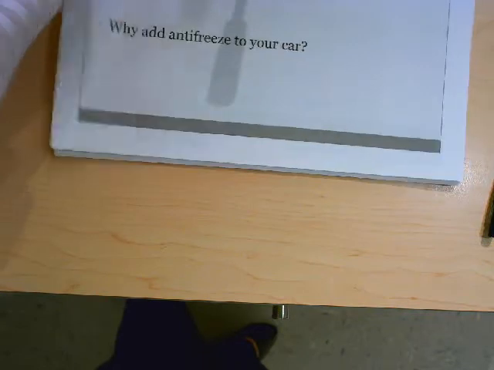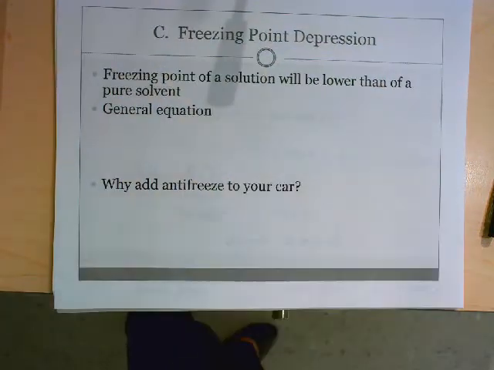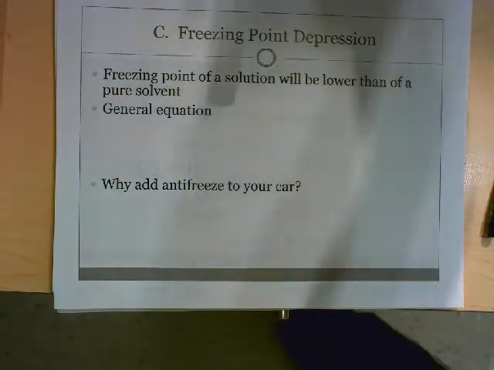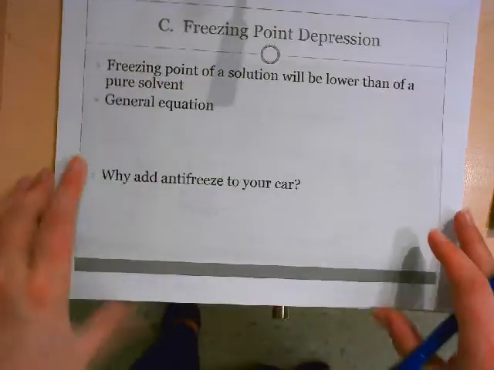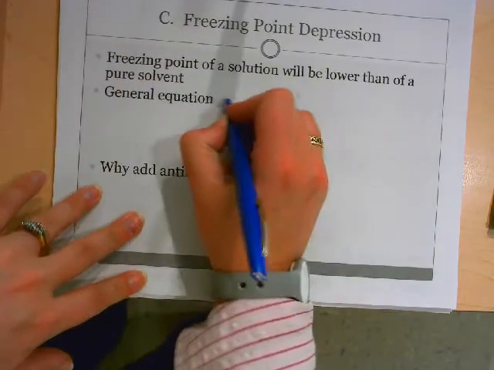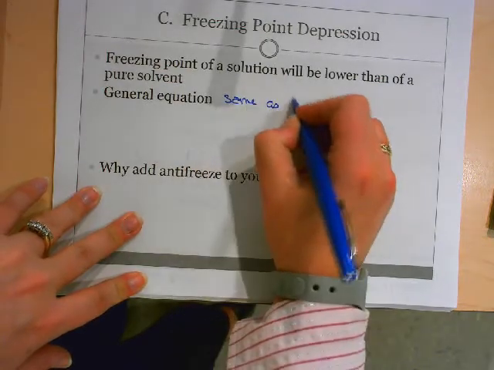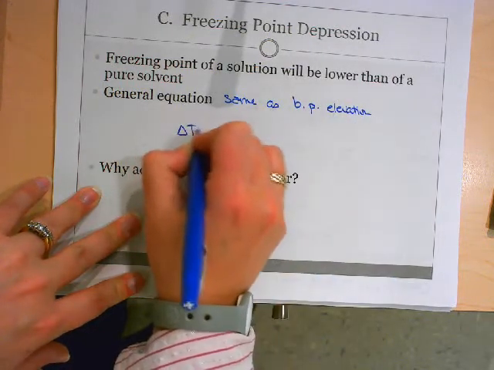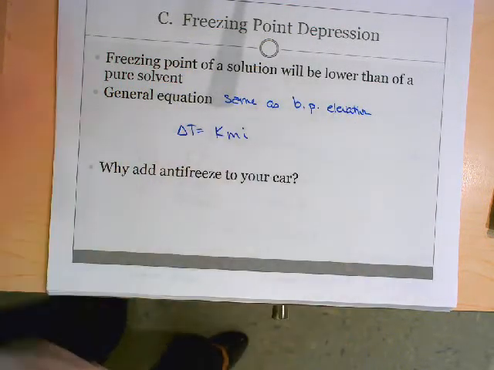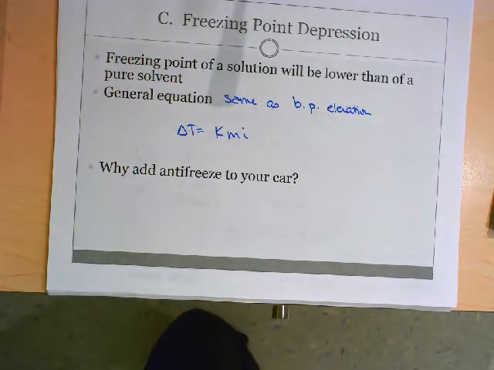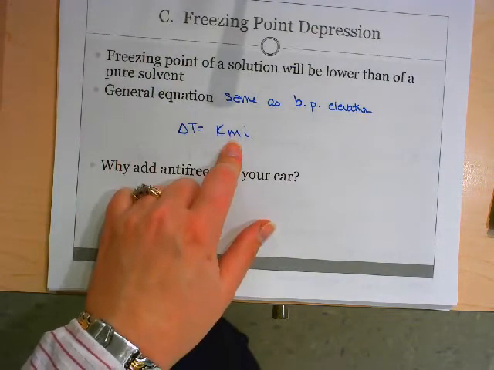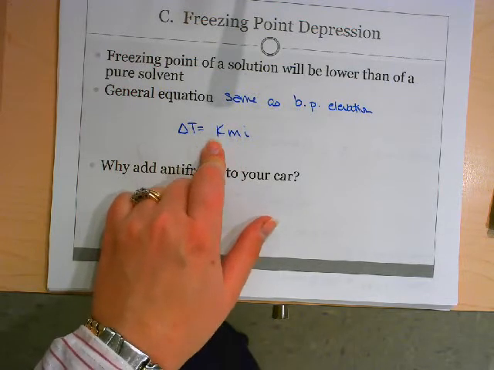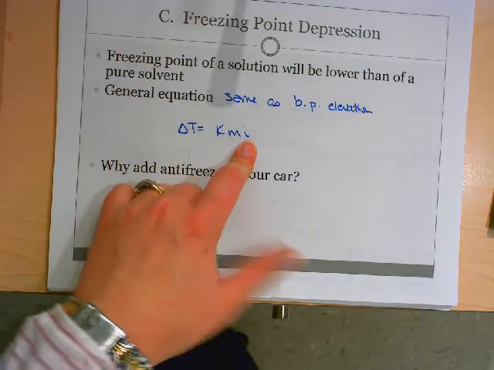So in this case, I did freezing point depression, where the freezing point of a solution is lower than that of a pure solvent. The same general equation: m is molality, K is going to be given, and i just depends on if it's an ion or a molecular solid.